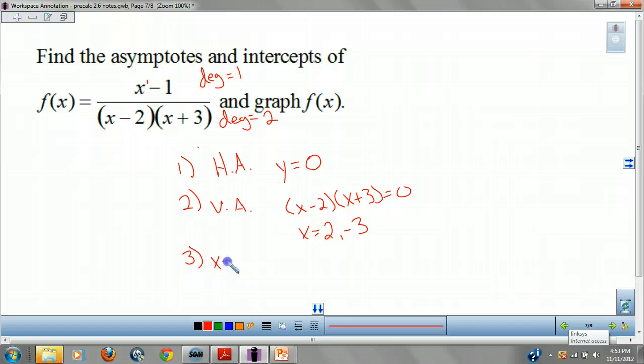Now for our x-intercepts, also known as solutions, also known as roots, also known as zeros of your function, we set the top, our numerator, equal to 0. The x minus 1. So x equals 1 is our x-intercept. So that is the point (1, 0).